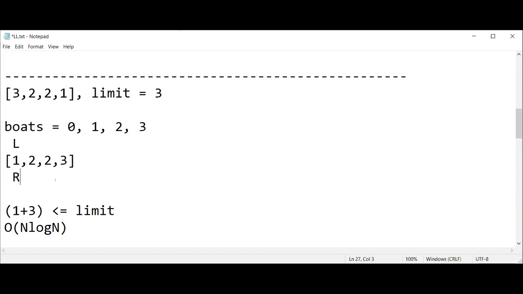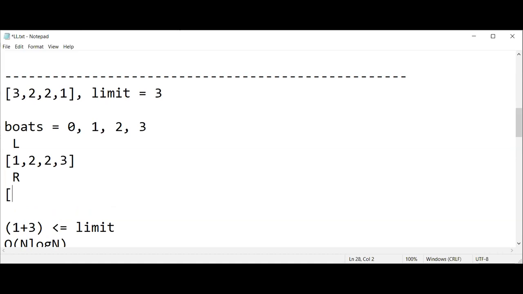Yeah, that might also work. But if we have something like 1, 1, 1, 1, 1, 1 and then 2, 2, any long array, a bigger array, and some limit, say 9.